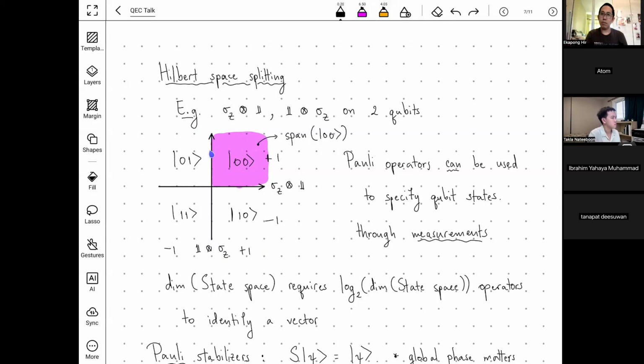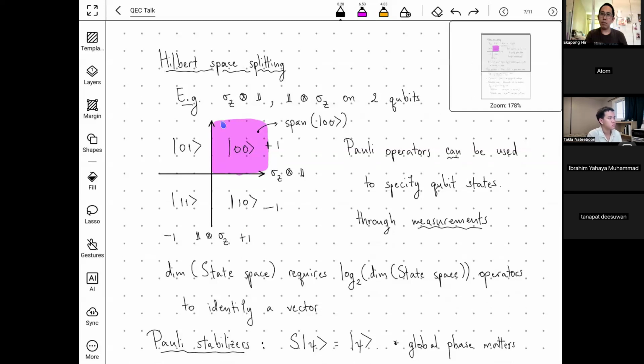Each quadrant is spanned by these states that I've written here. The pink quadrant is the span of 0, 0, and the same is true for every other quadrant.